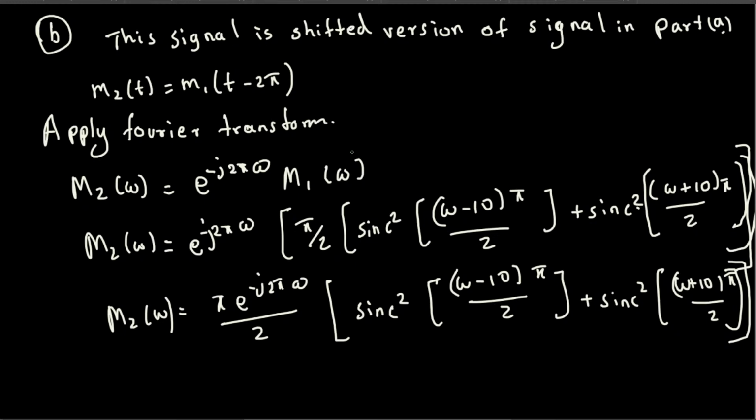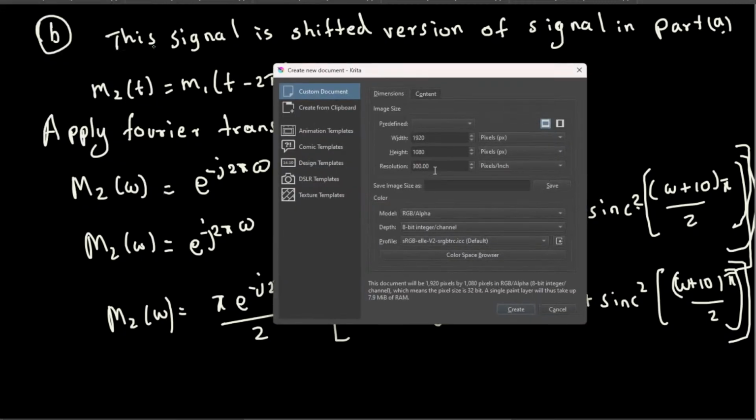The magnitude spectrum, let's look at that. The magnitude spectrum is, if you take m2 of omega and put an absolute value on it, then there will be no phase shift.